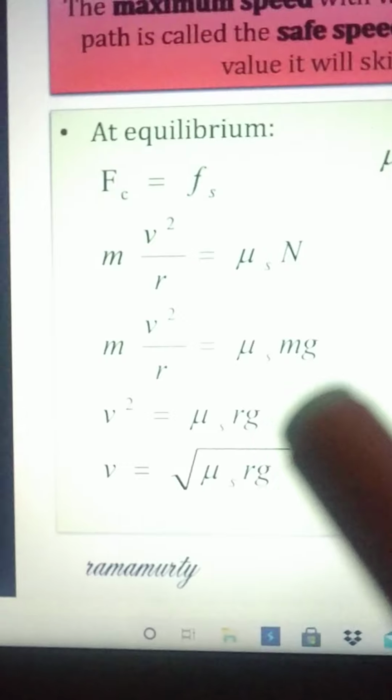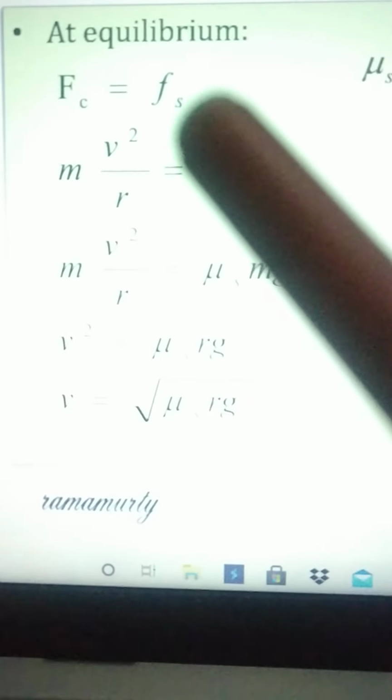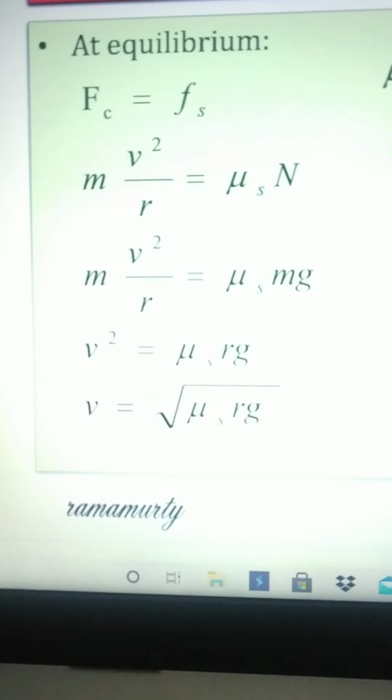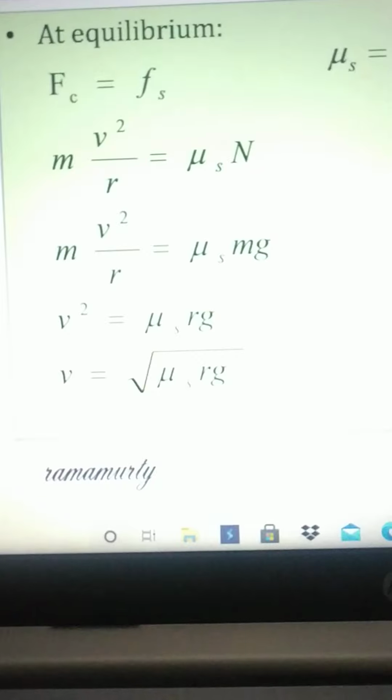At equilibrium, Fc is equal to Fs, meaning the centripetal force is exactly equal to the static friction.